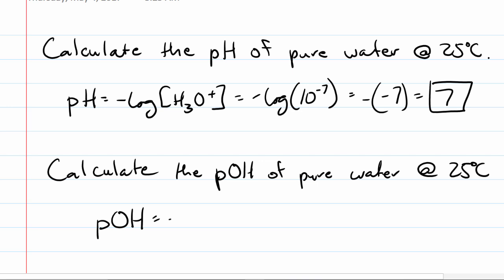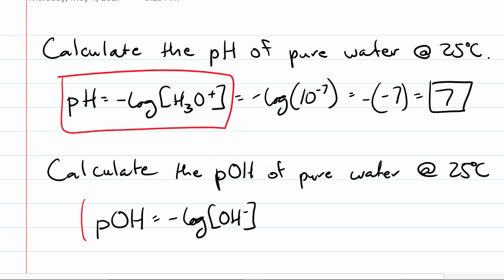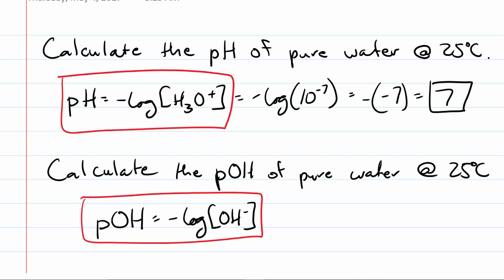Which means we're going to calculate it by taking the negative logarithm of the hydroxide ion concentration. So now if you're writing down important formulas to memorize or to put on your card, these are going to be two important equations to put down. You, of course, have heard about pH before. Many of you have not had chemistry before. I've probably never heard of pOH before. But it is a real thing.